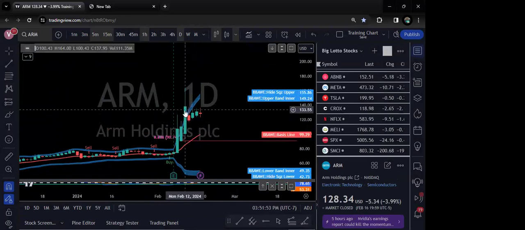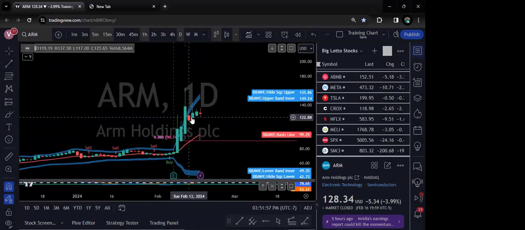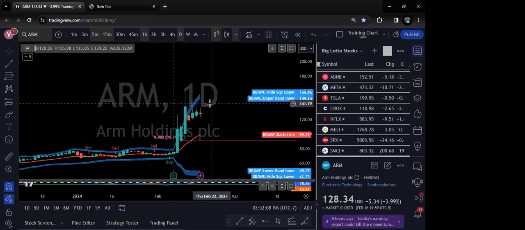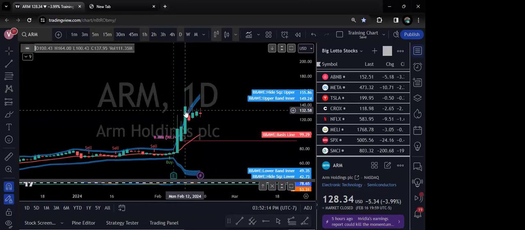So this is a stock you're stalking, because when it goes down, it still gives you good numbers. When it goes back up, 164. Right now it's 128. So if it's going to 164, you have almost 30-something points. If it goes down to 100, it gives you 20-plus points. So this is a stock to trade and watch the entire next week because of this.